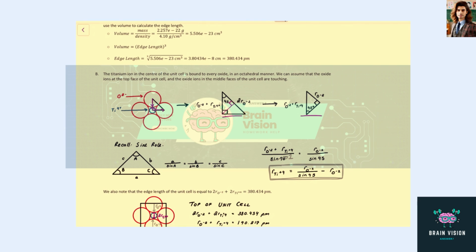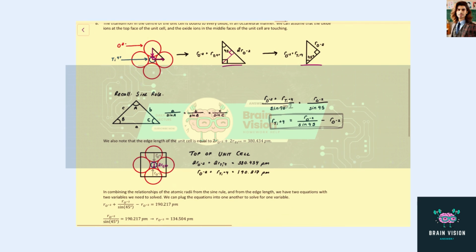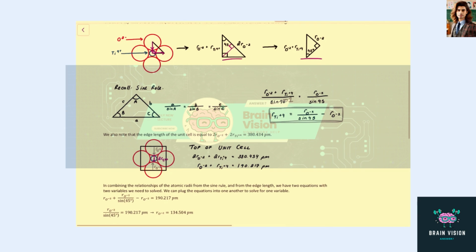We also note that the edge length is equal to twice the radius of the oxide ion plus twice the radius of the titanium ion. And you can see how we got that visualization with this diagram here. And this is just a view from the top of the unit cell. But we know from part A of this question that the edge length is equal to 380.434 picometers.